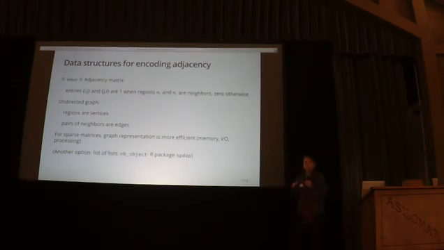The way that people talk about it in the literature, which is relatively easy to visualize, is that you're going to create an n by n adjacency matrix. So in New York City, we've got about 2,100 census tracts.